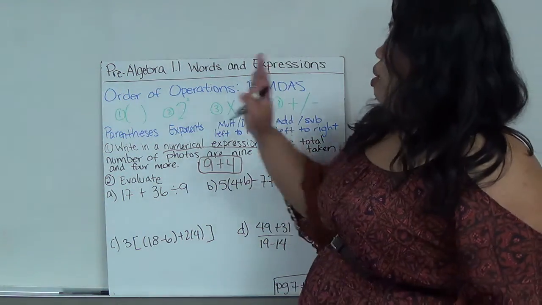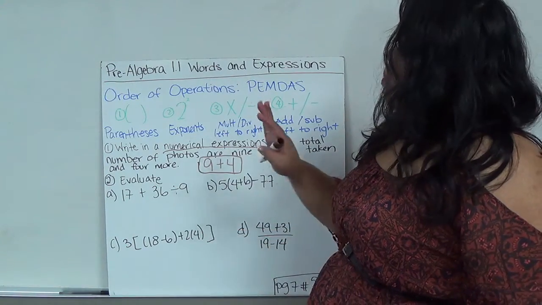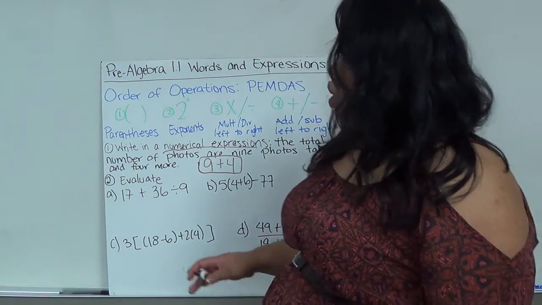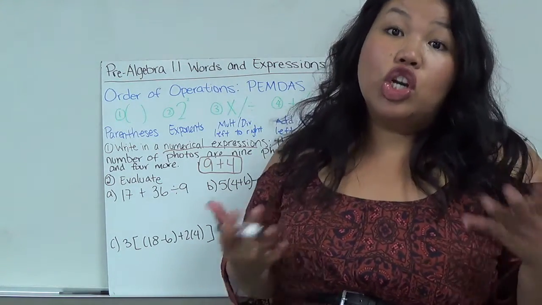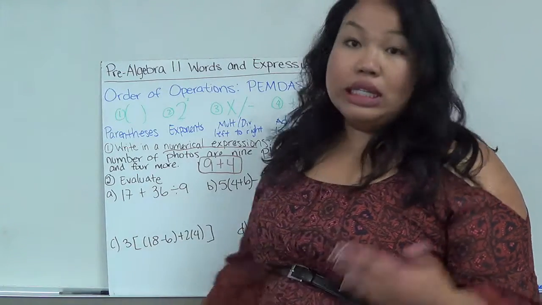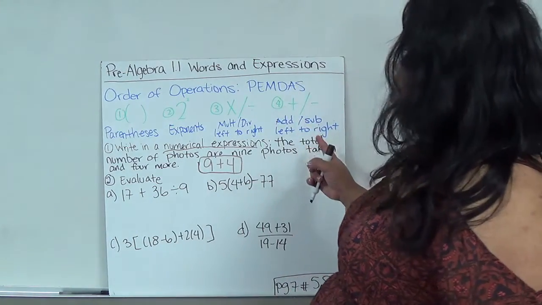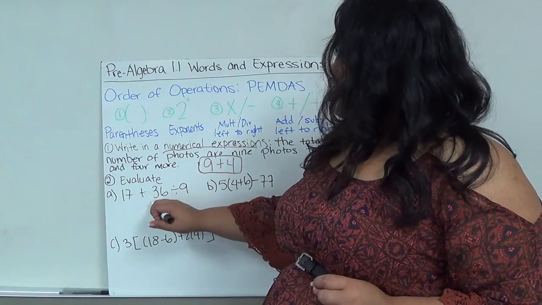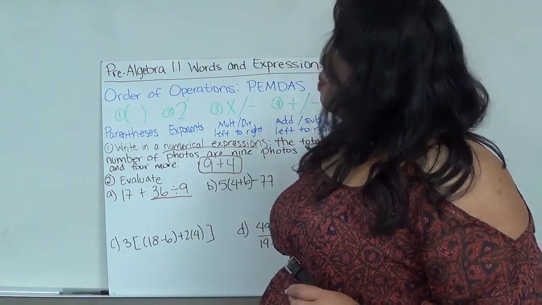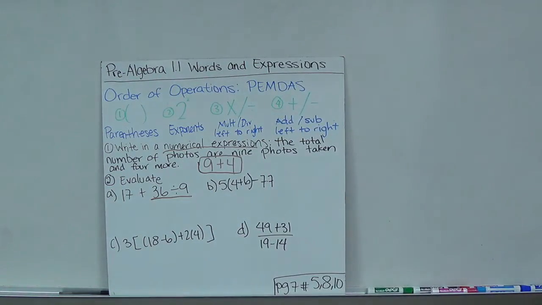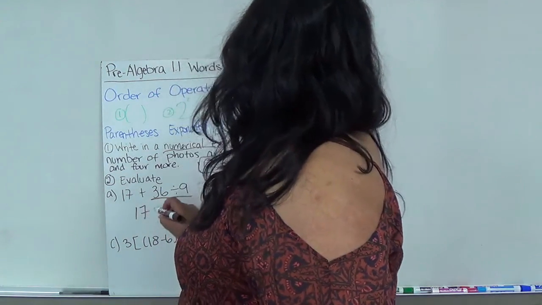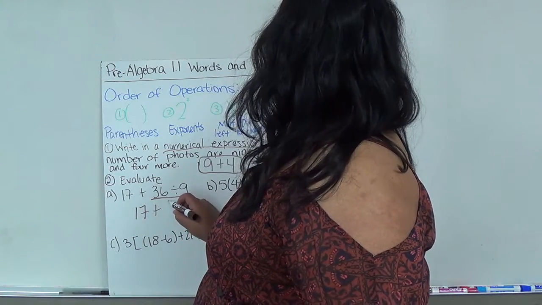So let's go through our order. Parentheses, there are no parentheses. Exponents, there are no exponents, and then multiplication and division from left to right. Your first urge is going to be to add 17 plus 36 because it's the first one. But according to order of operations, we need to do multiplication and division first. So we first do 36 divided by 9, which is 4.